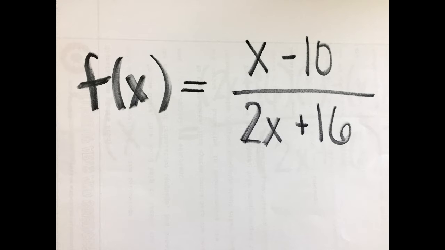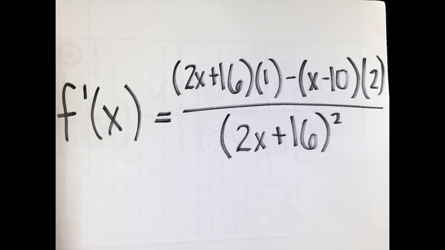So, for our first step, copy the g of x, then multiply it to the derivative of our f of x, which would be 1, minus f of x, which is x minus 10, then multiply by the derivative of our g of x, which is 2, over 2x plus 16 squared.